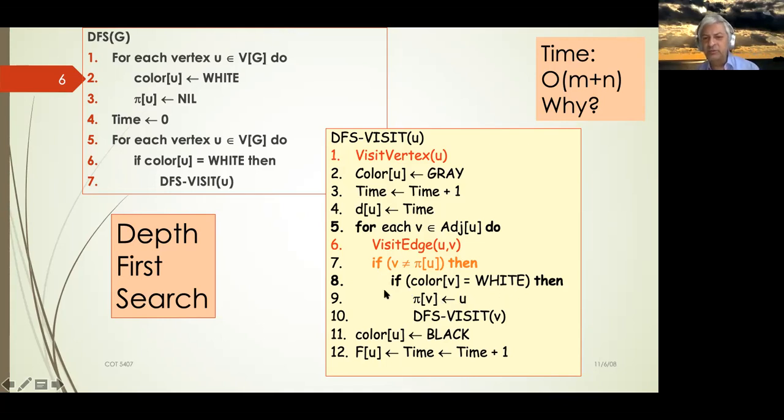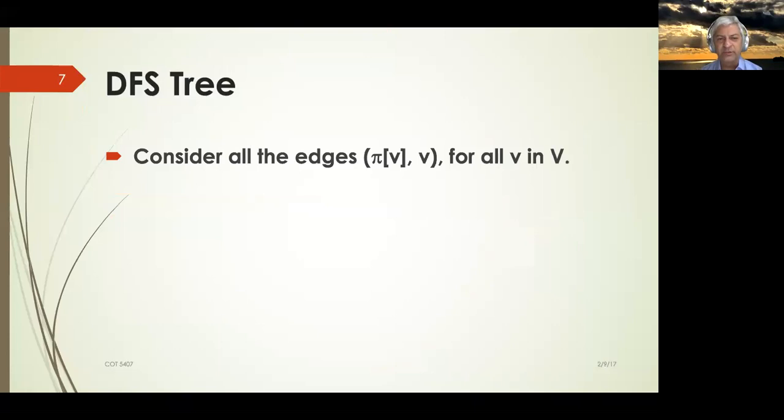So this says store in that vertex a parent pointer, and that parent pointer is to the vertex U. And because you visited vertex V for the first time from U, we're going to call U the parent of V. Now, if you only look at these edges going from a parent to a child, this gives rise to a depth first search tree.